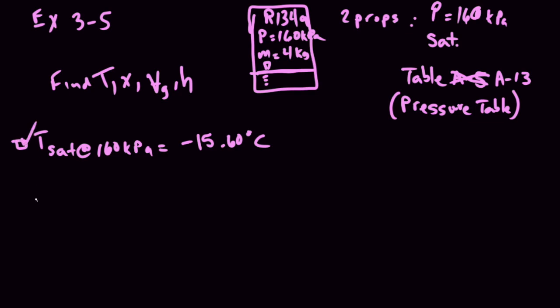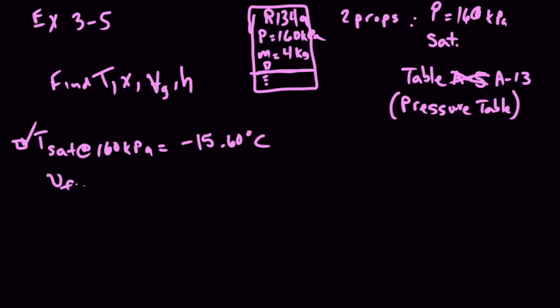Now we need to find the quality. In order to find the quality, we need to find our specific volumes of the liquid and the vapor. Those are table lookups.